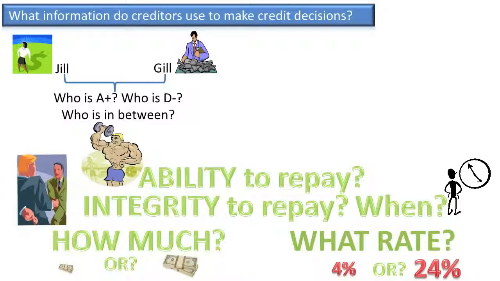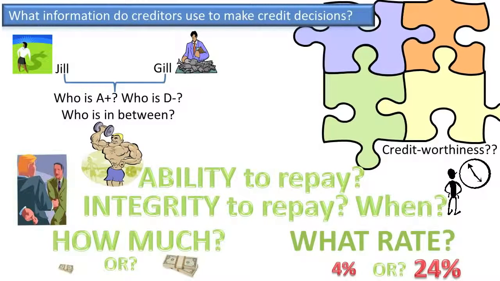An analysis of a potential borrower's creditworthiness is like a complicated puzzle. Some of the puzzle pieces are a company's credit rating, Dun & Bradstreet, Standard & Poor's, Moody's Investors Services, and Fitch Group. An individual's credit report from a well-known consumer credit rating agency, Equifax, Experian, or TransUnion.